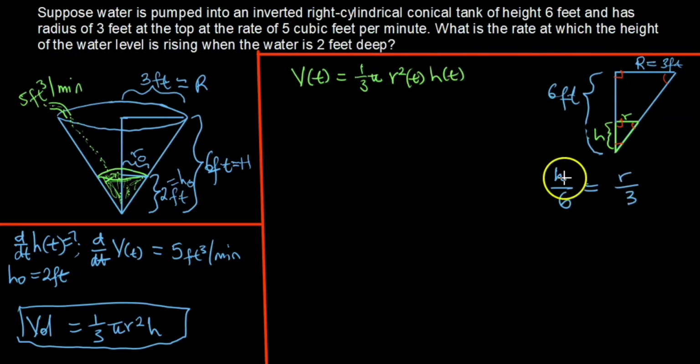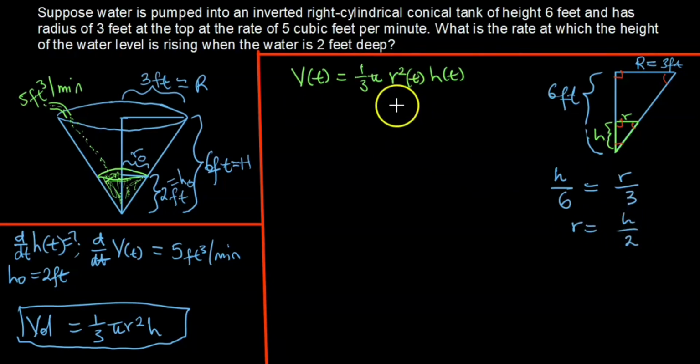Take note, I'm looking at these as non-constants, not the 2 feet depth. So making r the subject, multiply both sides by 3. That means r is 3h over 6. But 3 cancels itself, 1 goes into 6 2 times. So r is h over 2. That is r in terms of h.